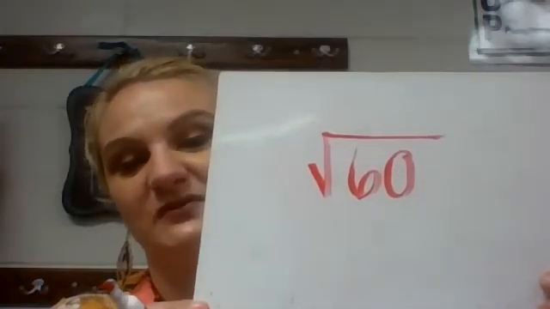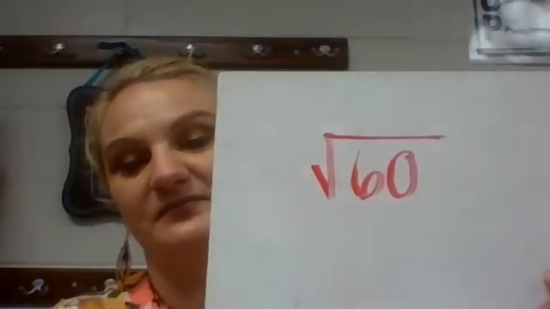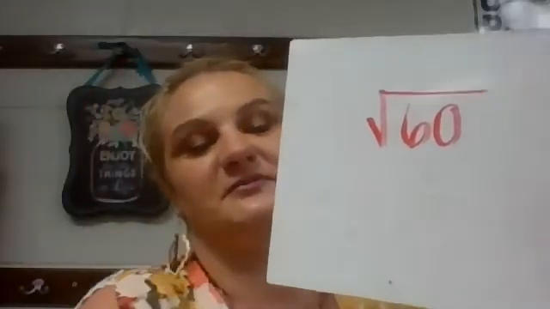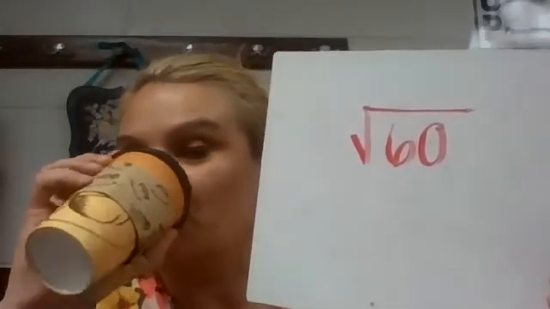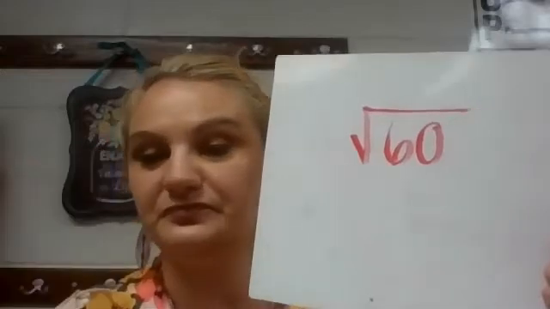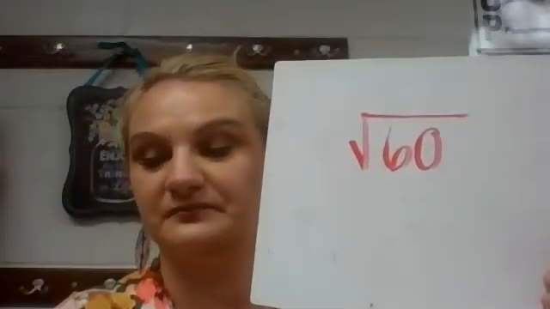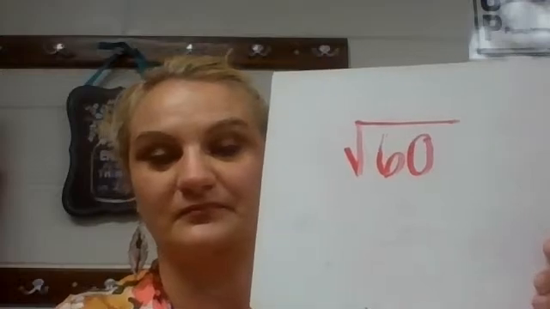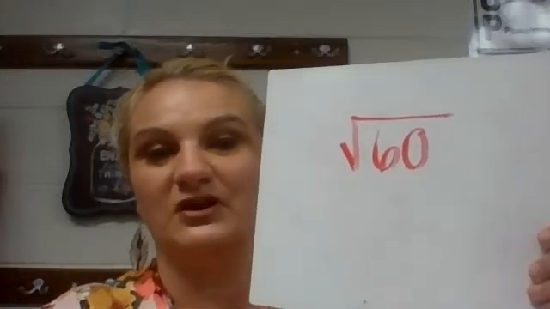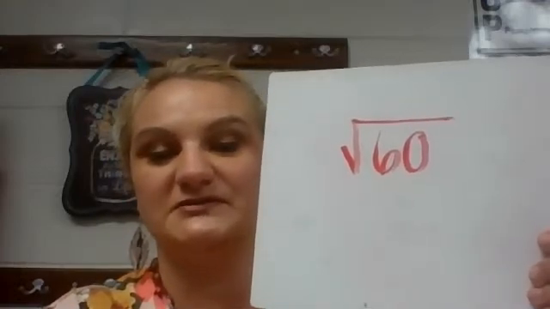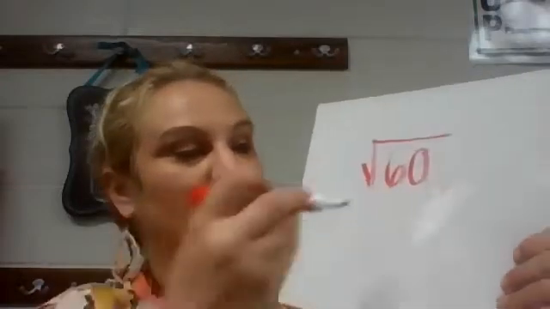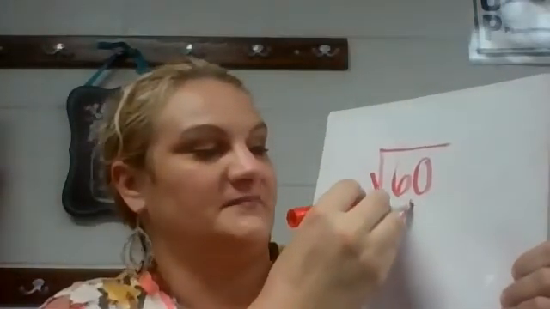Okay. What about this one? So write down the square root of 60 and tell me what you know about it. Is it a perfect square root? No. What do we do with imperfect square roots? We factor them, right?